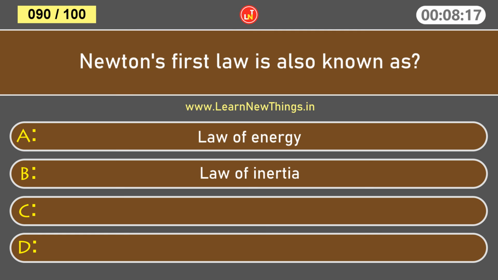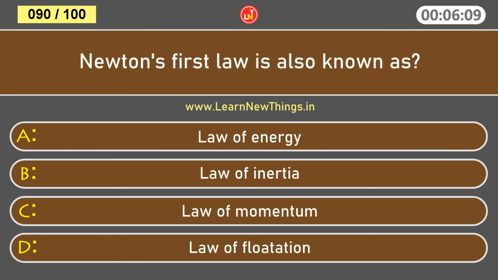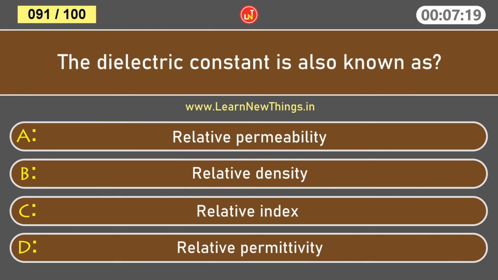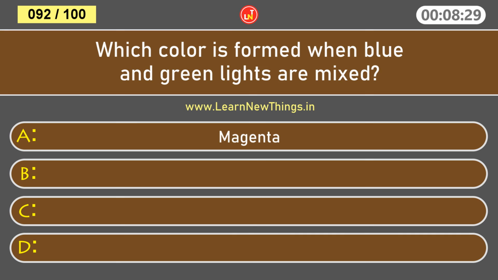Newton's first law is also known as law of inertia. The dielectric constant is also known as relative permittivity. Which color is formed when blue and green lights are mixed?